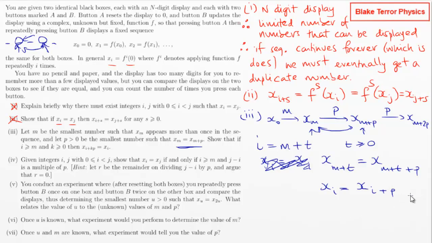We can actually extend the previous one to say xm equals xm plus p leads to xm is equal to xm plus kp, and then plug that into there and say that xi equals xi plus kp.